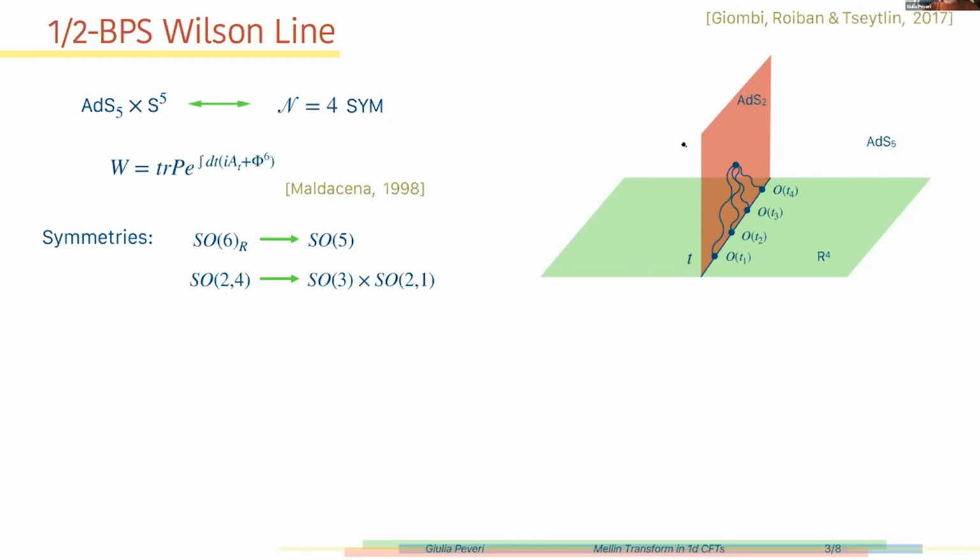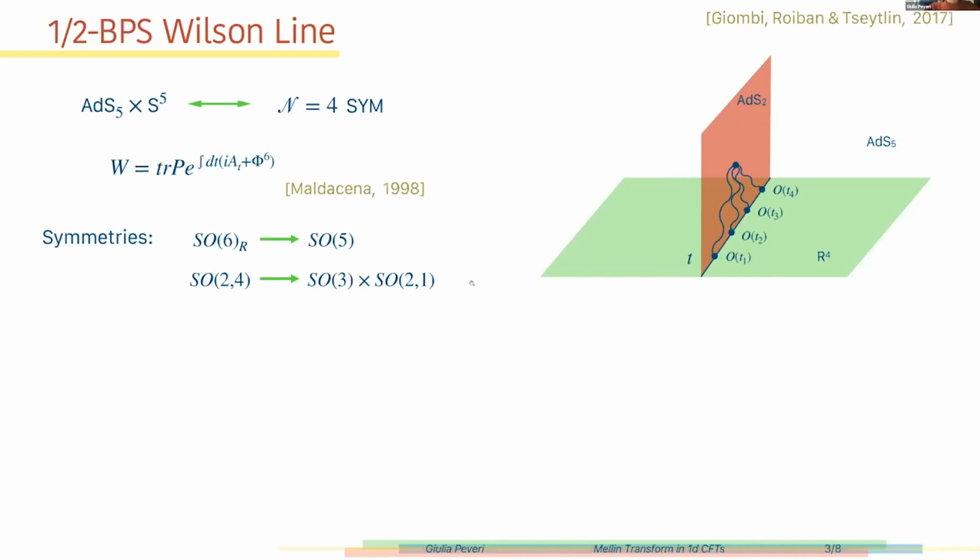This is the setup. We have the boundary of AdS5, and we identify the Euclidean time with the line that defines the operator. At strong coupling, this line is dual to an open string minimal surface, AdS2, which ends precisely on this line.